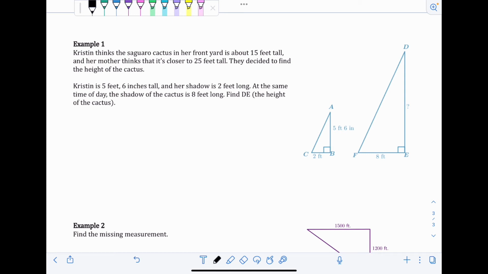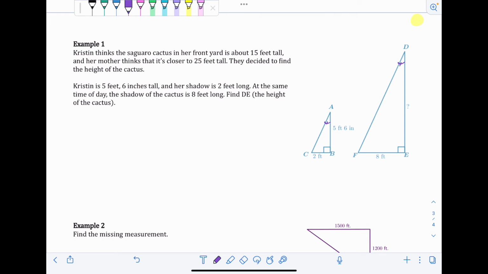Because they are close together, in the same general area, and it's the same time of day, we know that the angle that the sun makes with the top of the object, whether it's the cactus or Kristen, is the same angle. So if the sun is up here, that means angle D and angle A are congruent.